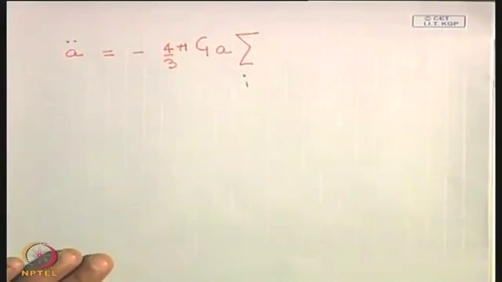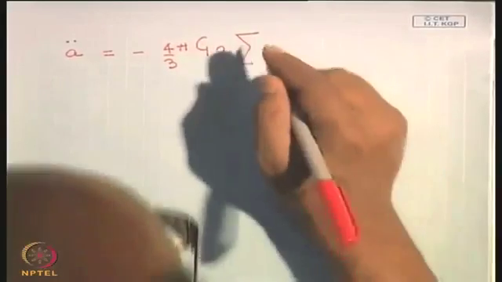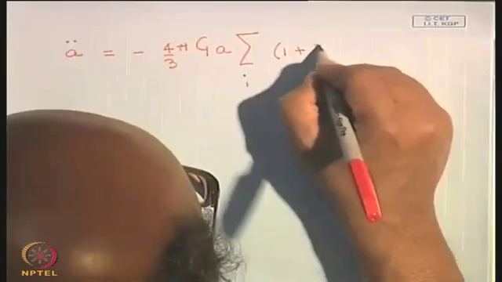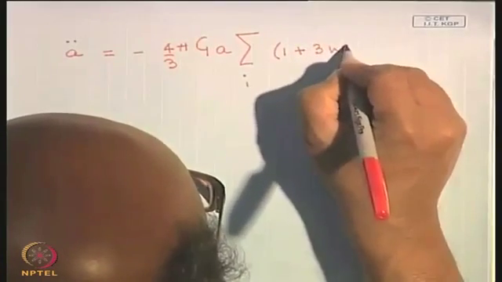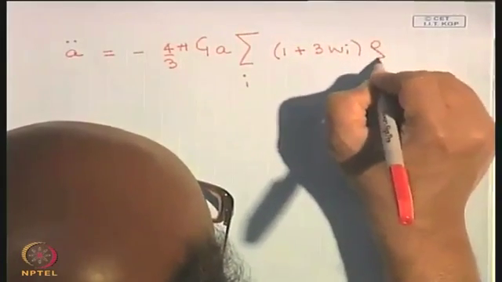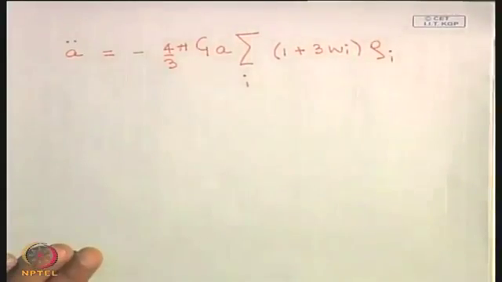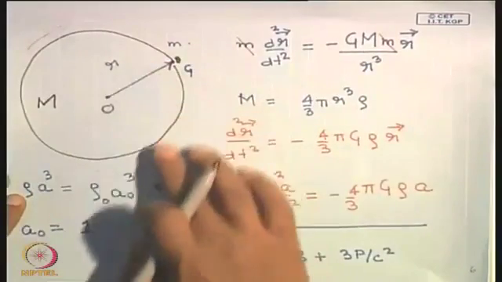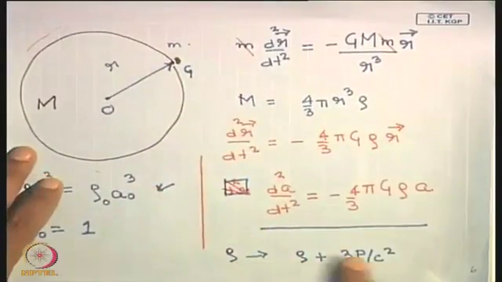Each component contributes (1 plus 3w_i) into the density, right, because I told you if the particular component has pressure, then the density has to be replaced by rho plus 3p by c squared.